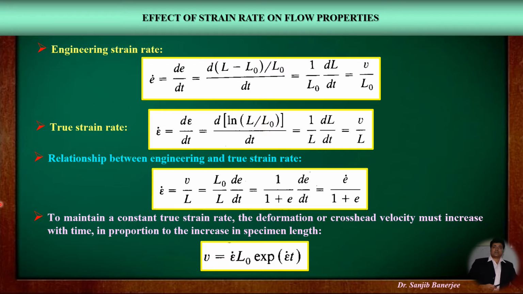Now this is revealed from this particular equation, where we can see that the crosshead velocity V should be equal to epsilon dot into L naught into exponential of epsilon dot into T. So where epsilon dot is the true strain rate that has to be maintained, and L naught is the initial length of the specimen. So to maintain a particular true strain rate value, we have to vary the crosshead velocity with respect to time as per this particular equation.